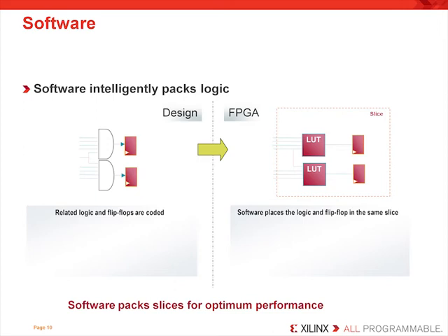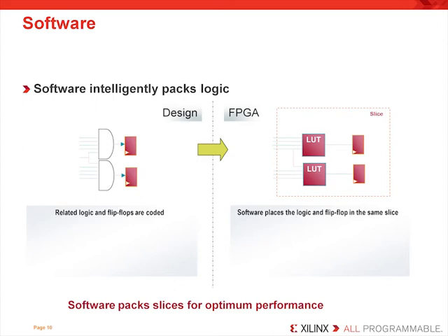The map program within the implementation tools will then group the resources into slices and group them effectively for speed and maximum device utilization. For the sake of our discussion, it is important for you to remember that the implementation tools will try to group LUTs that have common inputs and flip-flops that have common control signals into the same slice. This assures good performance and high device utilization.